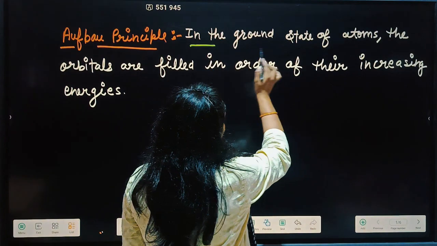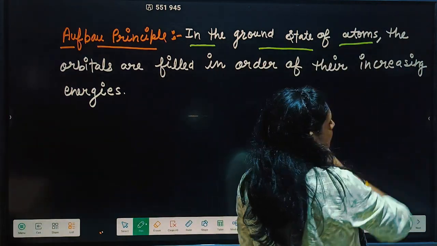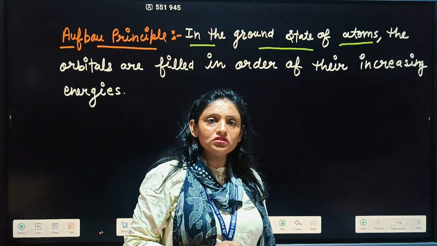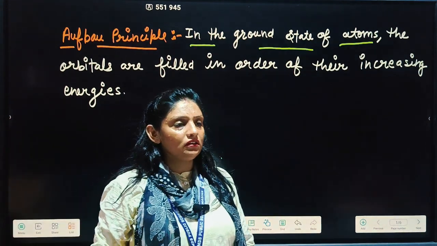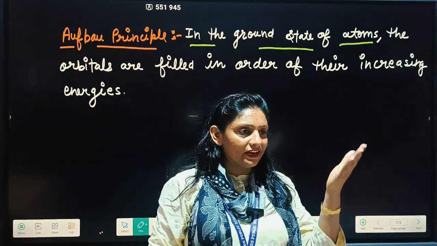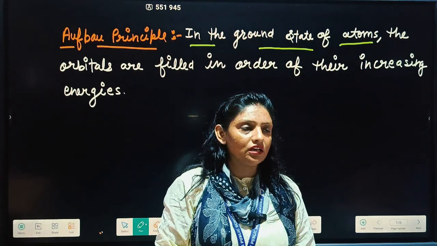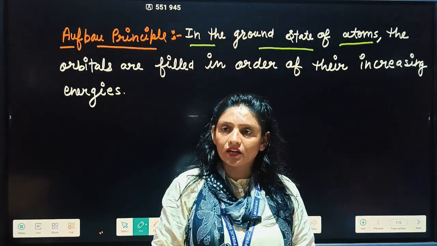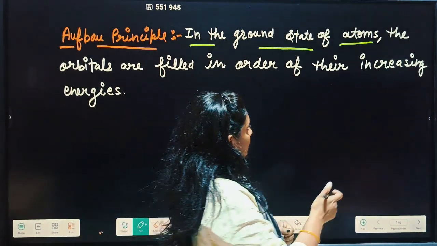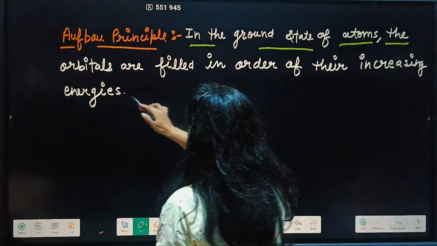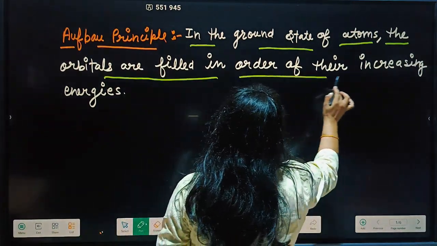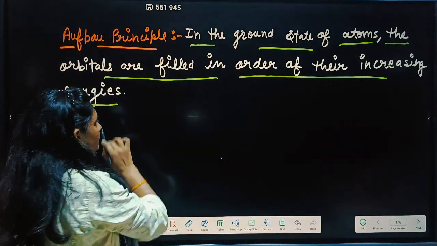In the ground state of atom, ground state means no one electron will go in its excited state, means in real state electrons are existing there. Clear or not? The orbitals are filled in order of their increasing energy.